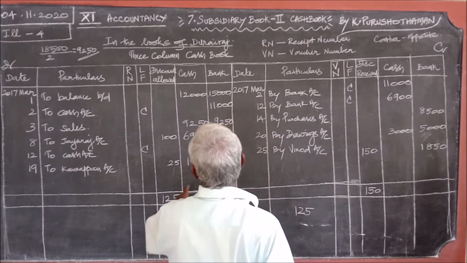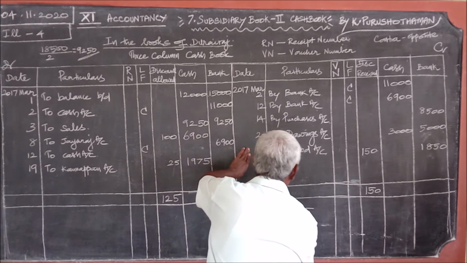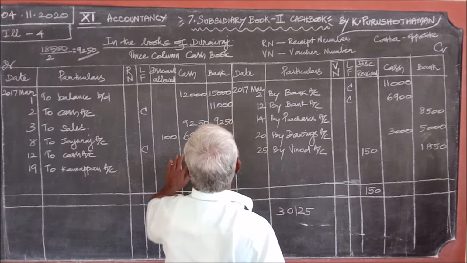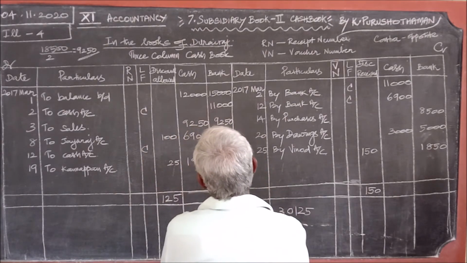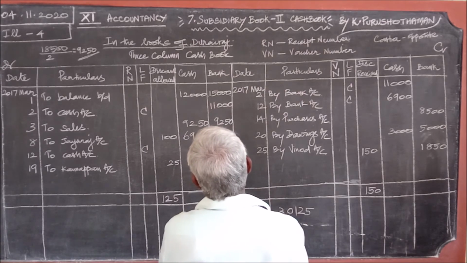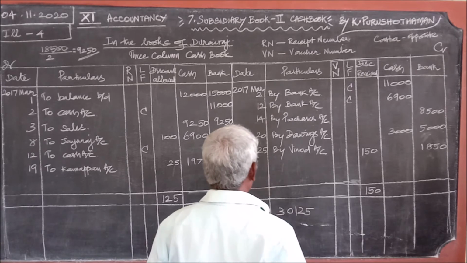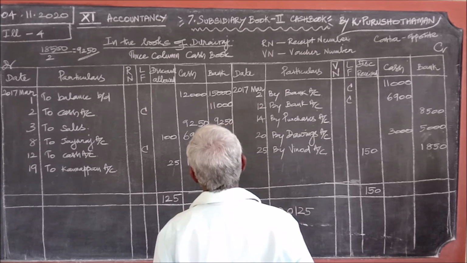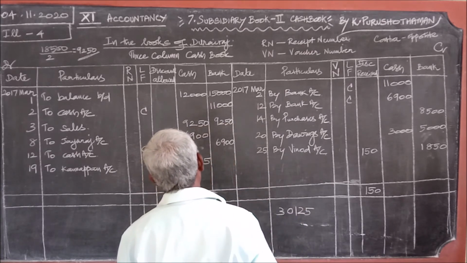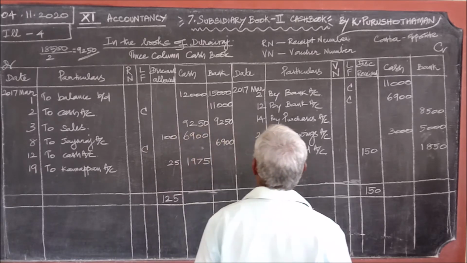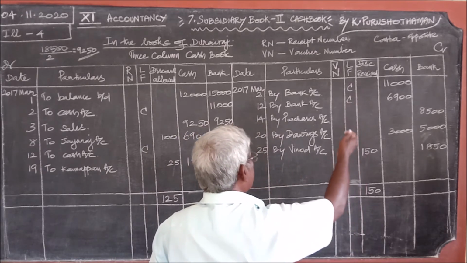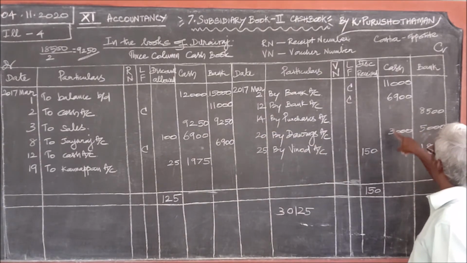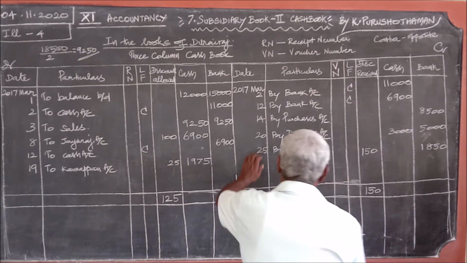This side total is 30,125. Then on that side, the cash column: 11 plus 6, 17 plus 3, 20, 20,900.